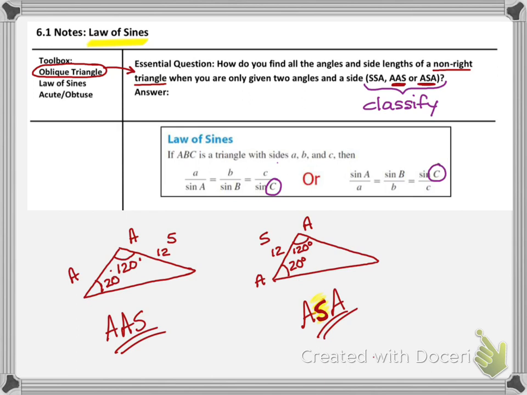Now, it does not matter which one of these proportions you use. It works well with either one. But my personal favorite is going to be this one because capital C is in the numerator, and that's why I choose it. But if you want to use the one on the left, please know it works the same way, okay? So I'm going to use this one right here, sine capital C over little c.